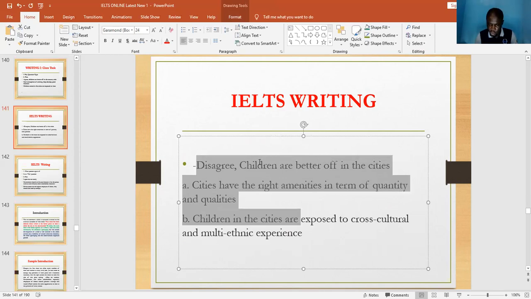In the main paragraph, now you can see I use countryside, and in some part of the main paragraph I repeated countryside. I also use rural areas.